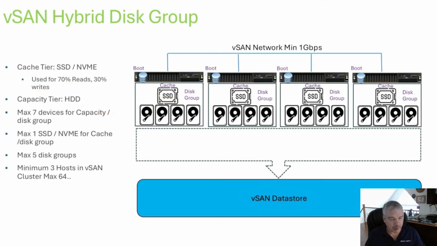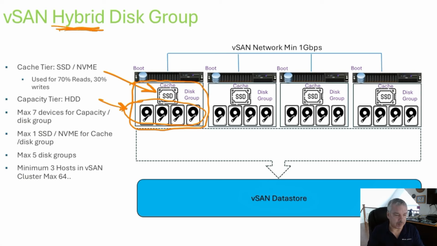So a concept that we have to get here is this thing called disk groups. Actually, before I even mention that, in this case we're talking about a hybrid disk group. You'll notice I've got SSD for my cache tier, and then normal hard drives or mechanical drives for my capacity tier. So 2 different technologies.